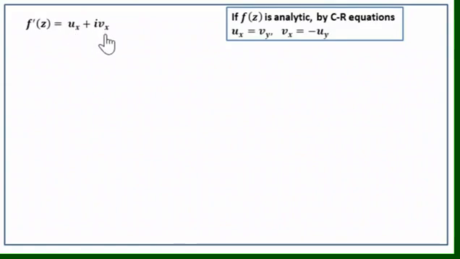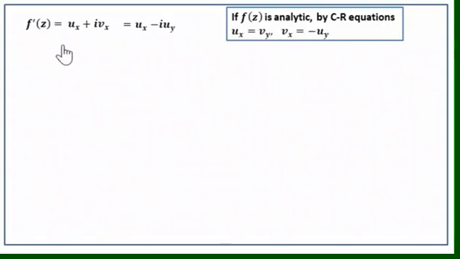Then, since f of z is analytic, u and v satisfy the Cauchy-Riemann equations: ux equal to vy and vx equal to minus uy. So here, given u, in the previous slide we have seen that we found ux and uy, but there is no vx, so we replace vx by minus uy by the CR equation.